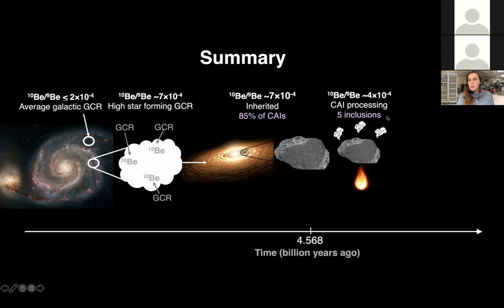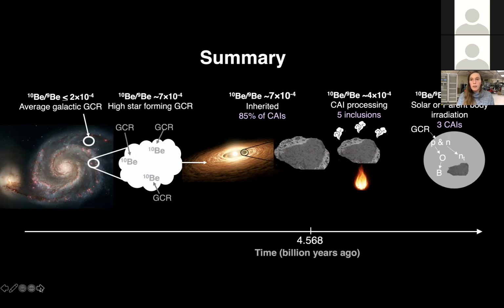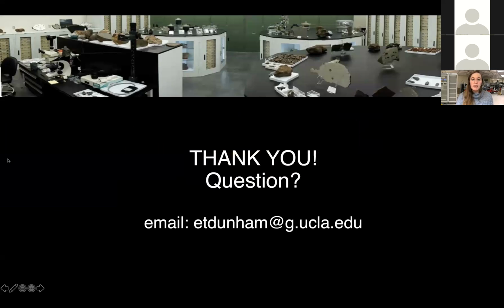Some of them could have been processed and have an artificially lower value of 10-9 beryllium. And then there are also a few higher CAIs, just 3, that could have a higher 10-9 beryllium ratio due to solar or parent body irradiation. So that's the conclusion of my talk. Thank you, and I'm happy to take questions for the rest of the time.